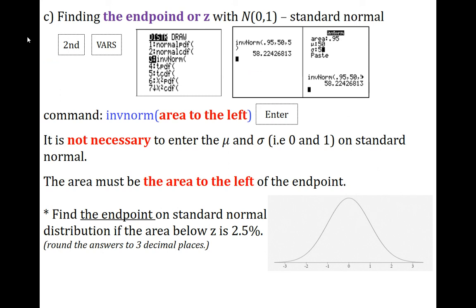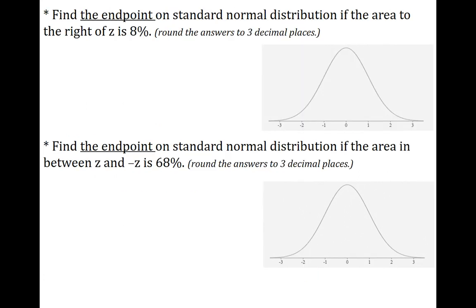So we know that about negative 0.196 is my value. And that will give me an area of approximately 2.5%. So I have found an endpoint based on a given area.